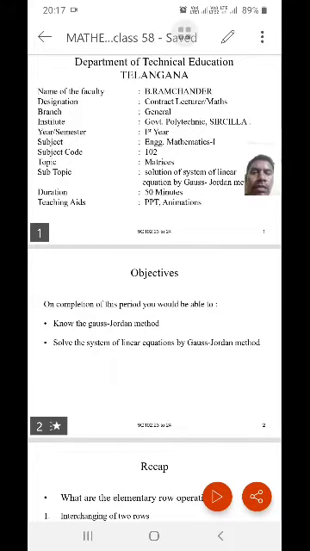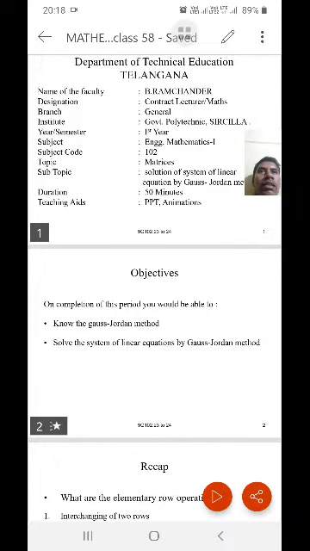Today we will learn about solution of system of linear equations by Gauss-Jordan method. In previous class, we learned two methods for solution of linear equations.